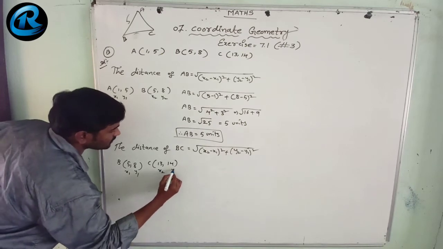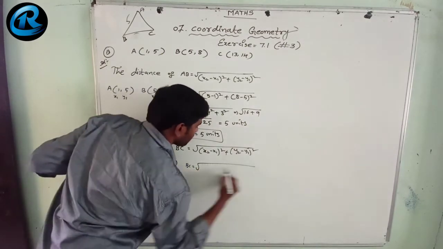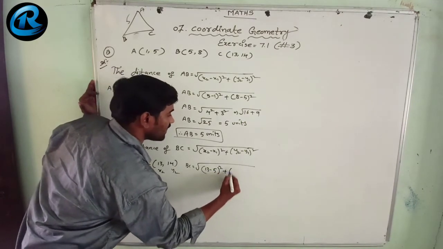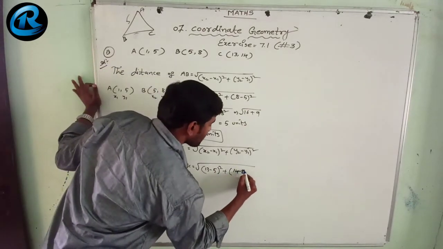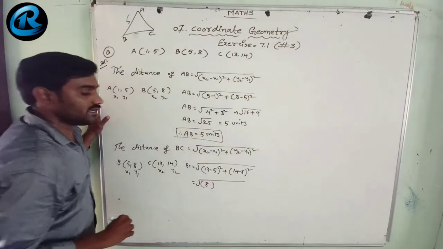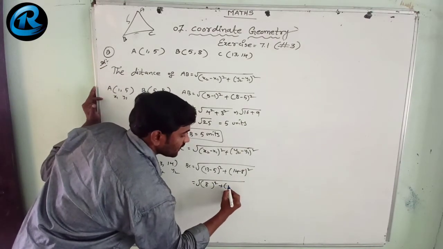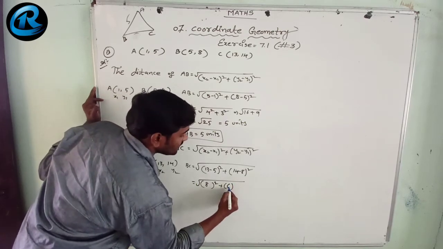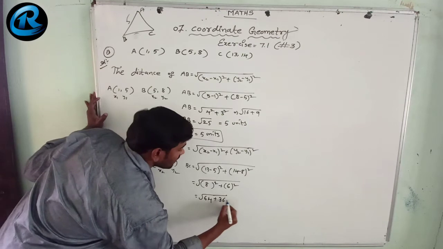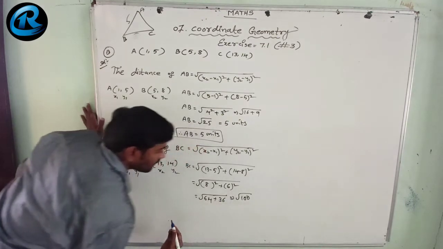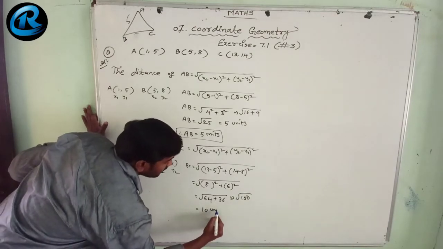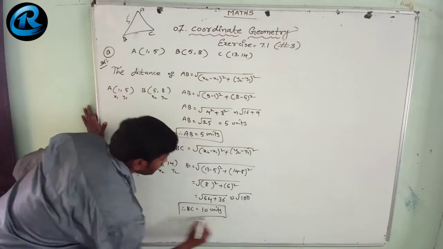BC equals the square root of (13 minus 5) squared plus (14 minus 8) squared, that is 8 squared plus 6 squared, 64 plus 36, the square root of 100, which is 10 units. Therefore BC equals 10 units.